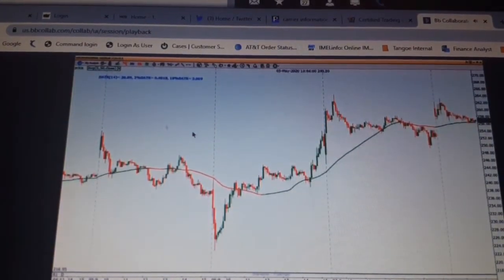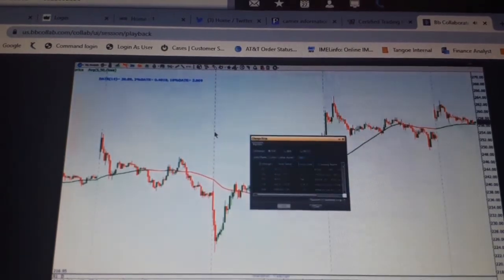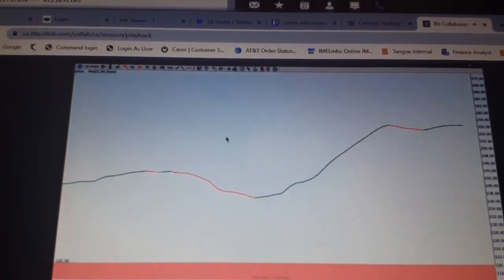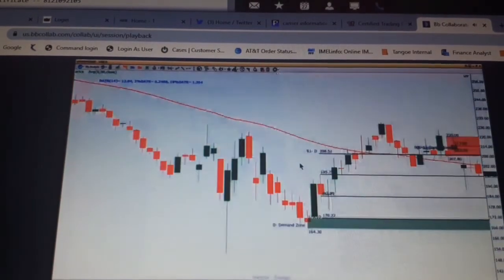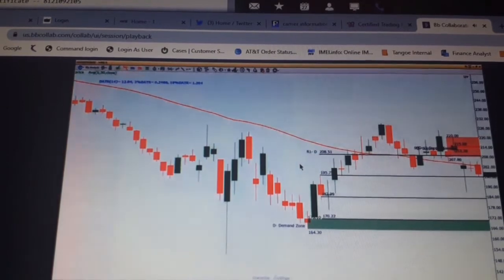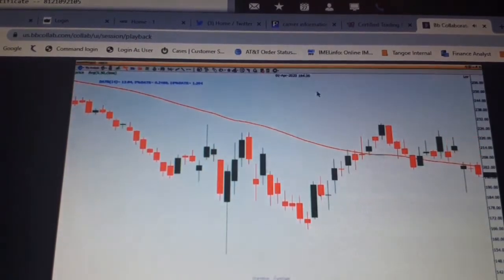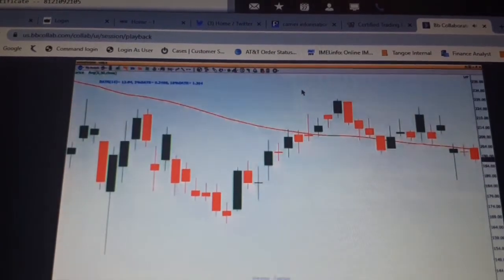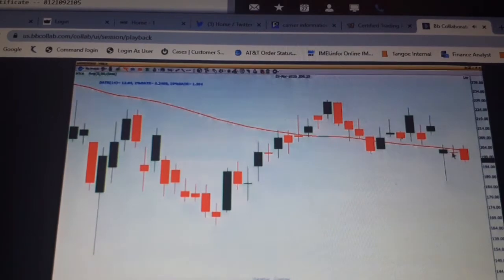Let me go to this. So now let's mark a demand and a supply on Hind Petro. This is the daily chart.